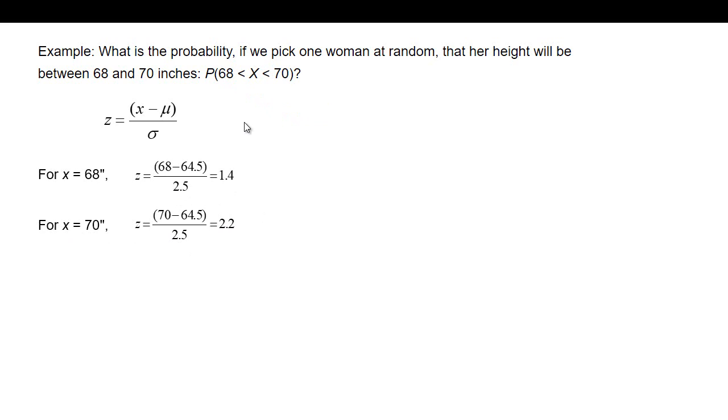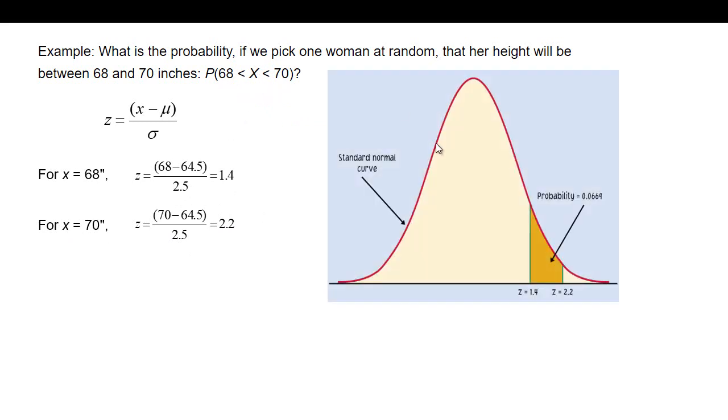And so the probability that x is between 68 and 70 will be the same as the probability that the z-score is between 1.4 and 2.2.